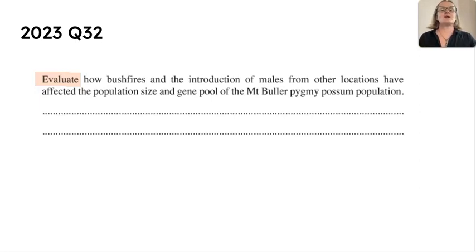And we're being asked to look and judge bushfires, so here's our plurals, and the introductions of males from other locations. And we're asked to look at how they affect population size and gene pool.